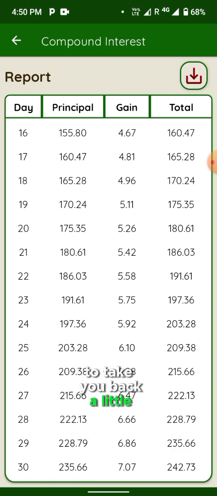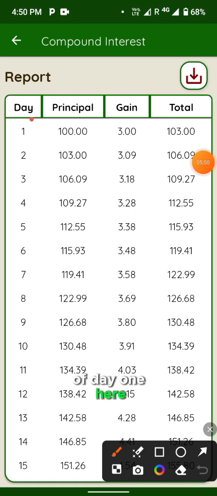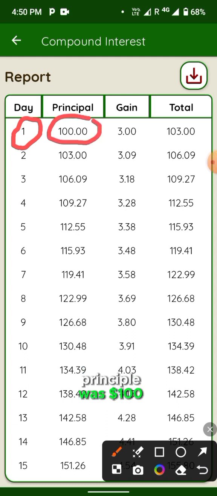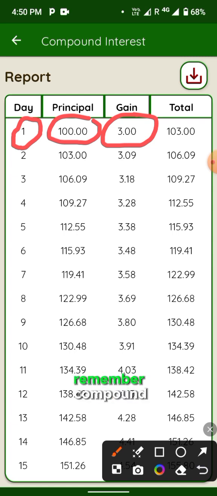To take you back a little to the beginning, at the beginning of day one, you will see that my principal was $100. Since I've taken 3% of $100, obviously my gain will be $3. Remember, compound interest is 3%, the gain is $3.